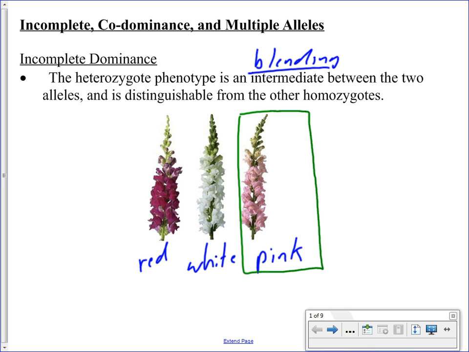So think about this whenever you come across information about a cross. Ask yourself the question, do we have a third different phenotype that not only is different, but it's kind of a blending and quite often related to colors? So think about, well, this one here, we have red and white, we mix them together, the intermediate form is pink. If you take blue and yellow and mix them together, you end up with green.